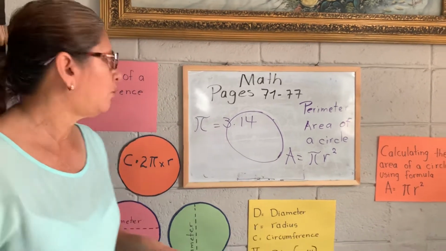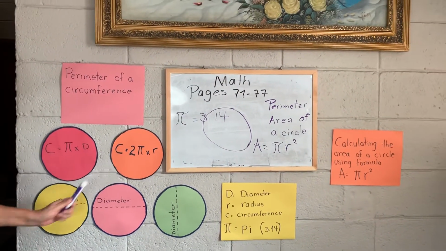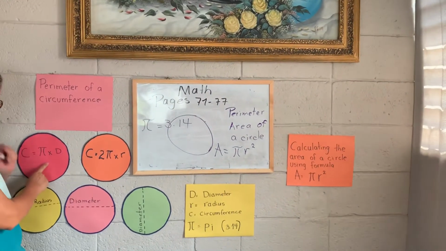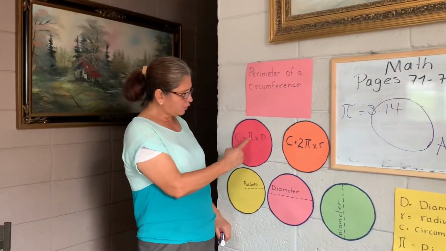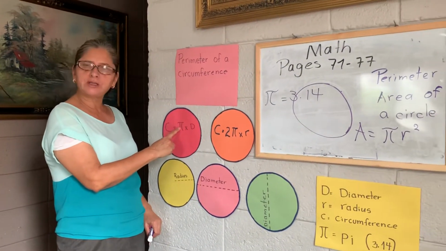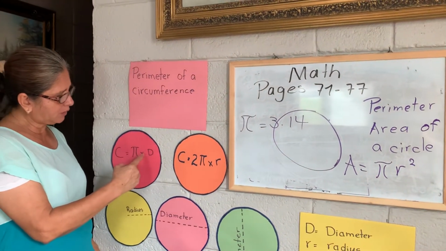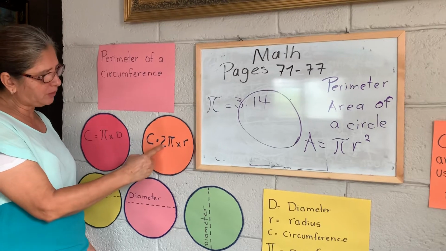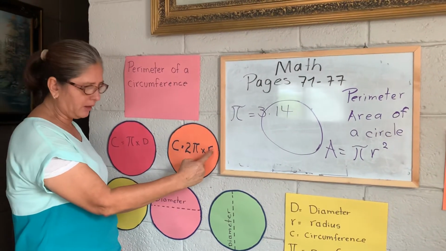So when you apply this formula, remember that you have to multiply. In this case, if you find the circumference of the circle, you multiply 3.14 multiplied by d, and in this case, the formula you apply is 2 multiplied by pi multiplied by r.